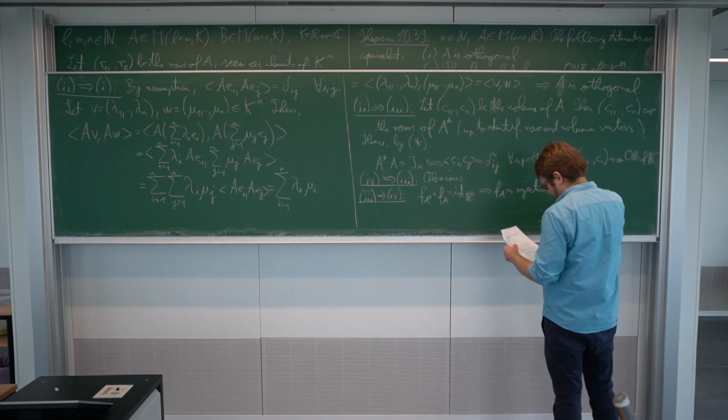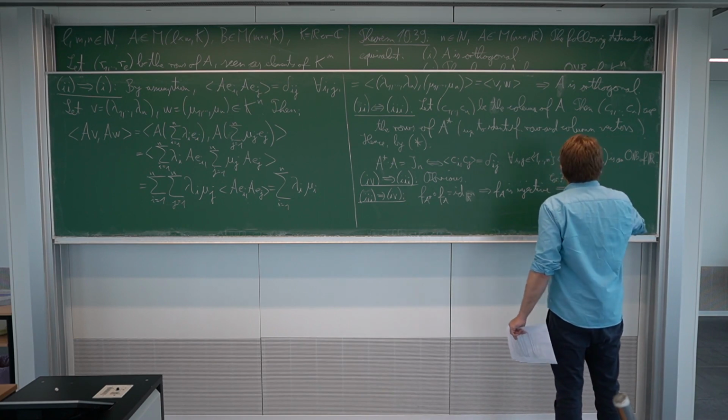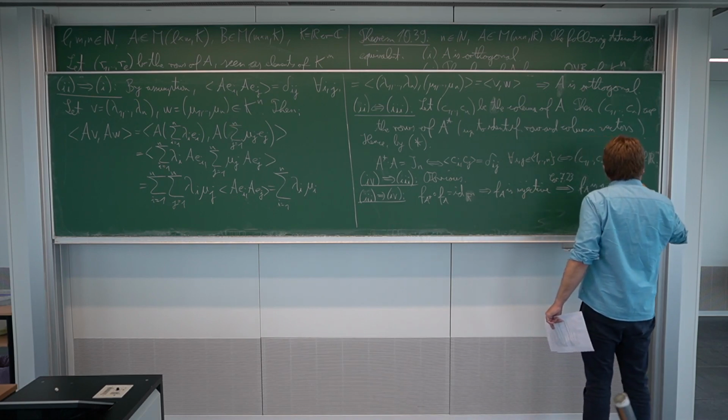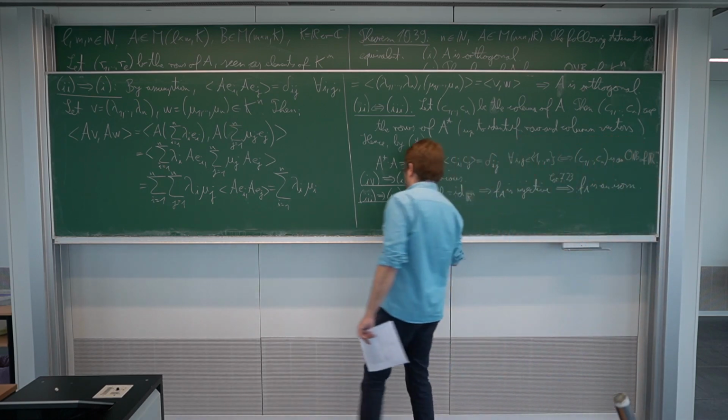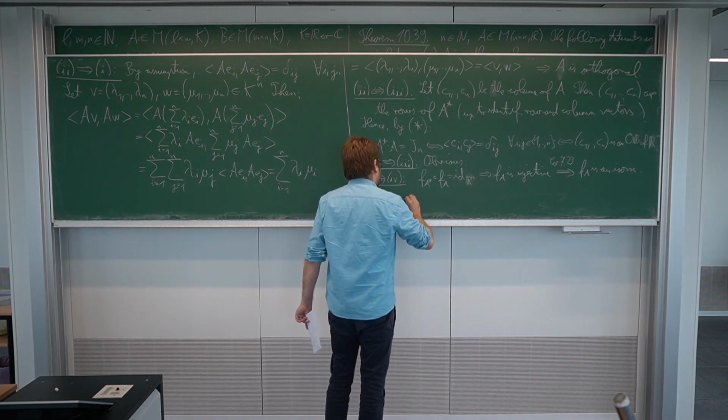This was again this famous corollary that we use all the time. FA is an isomorphism, and this of course gives us that A is invertible. Okay, so far so good.